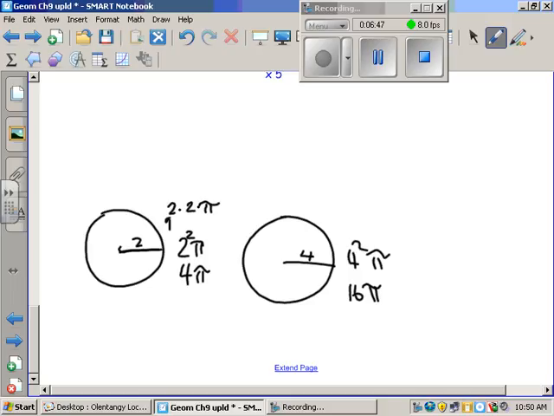But over here, we doubled 2 radiuses. Now we have 4 times 4 times pi. And so we get twice the effect that we got when we just changed the height in those shapes above. Okay?